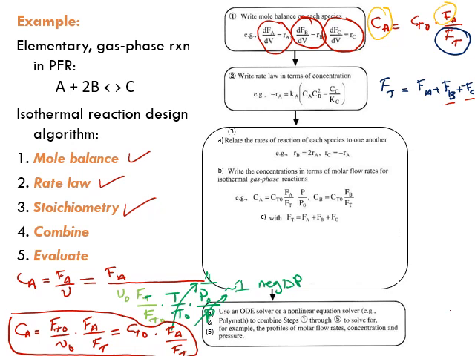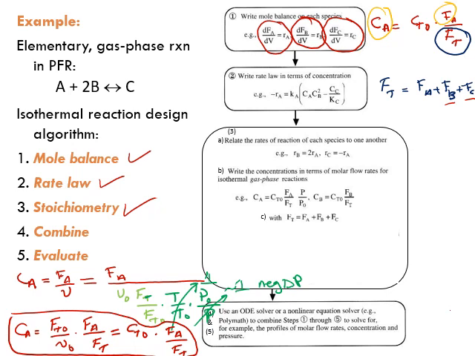When we use X, we will need to write only one design equation: Fa naught dX by dV equals minus Ra. That's it, one design equation. But if I'm going to use molar flow rate or concentration or number of moles, I might need to write more than one design equation. In this case, it's very obvious why we have to write the design equation for all the involved species.